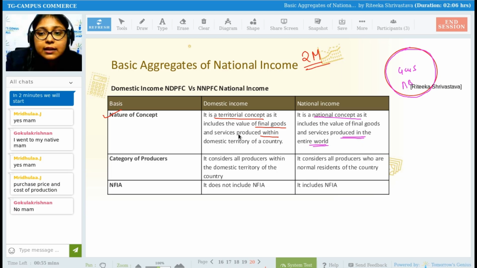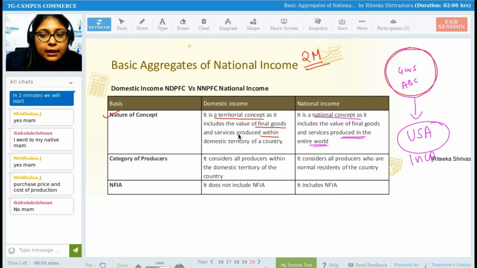Say suppose an ABC organization has shifted its branch to USA, and in USA it has a good income or profit. This income will be considered under India. When we do this, we call it national income.